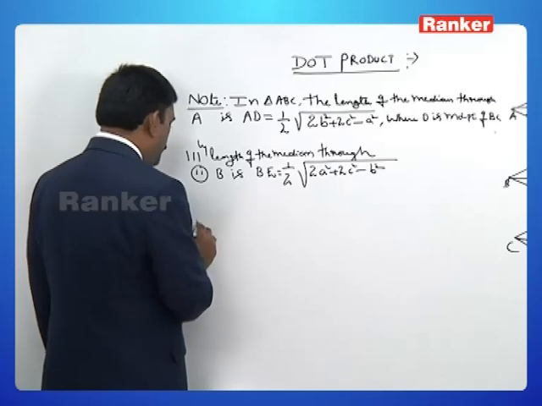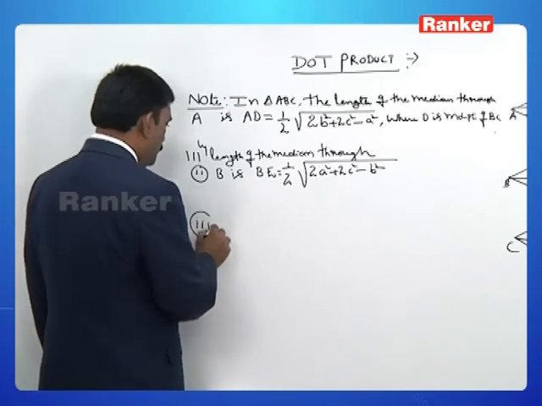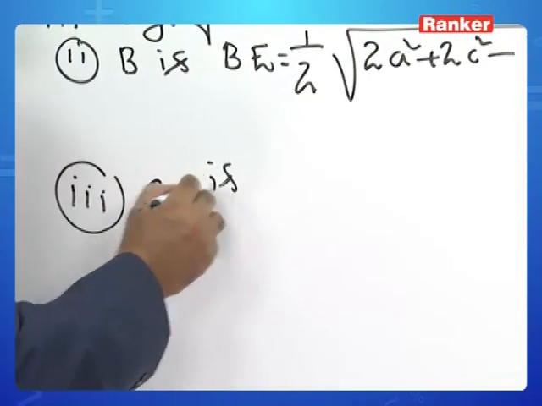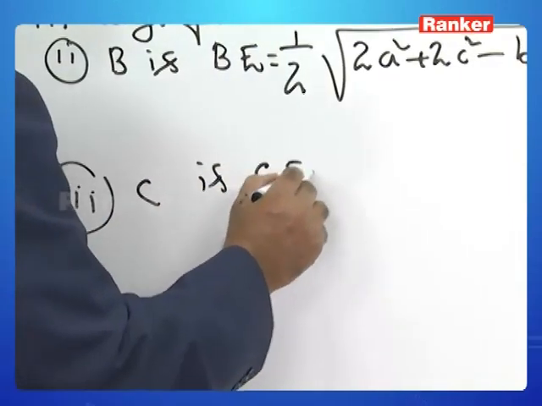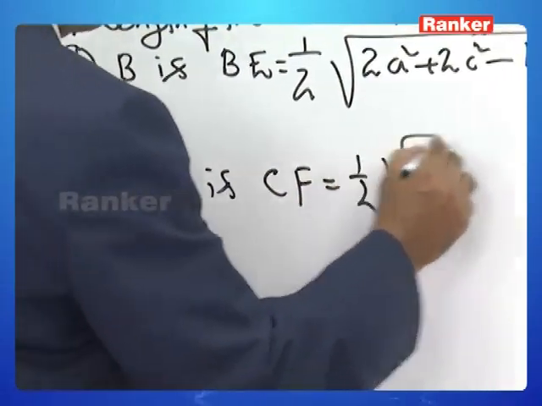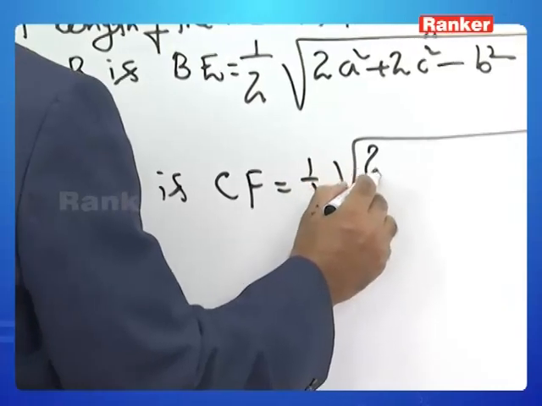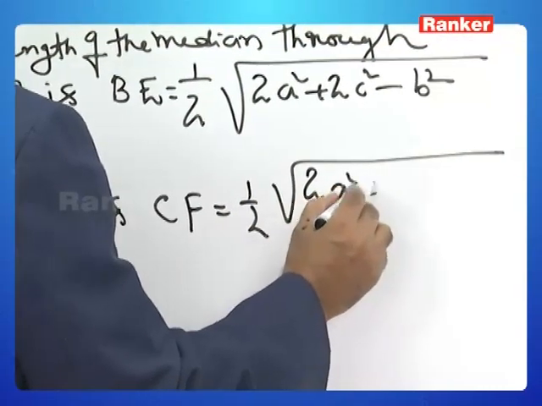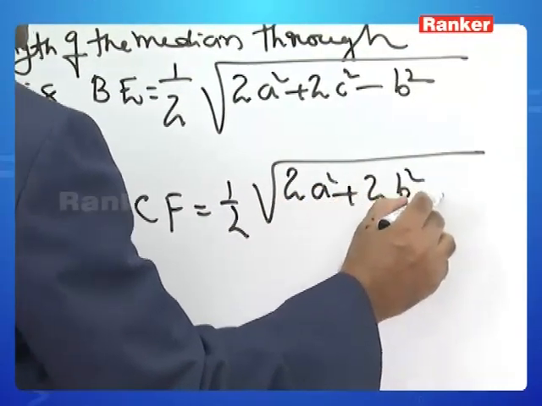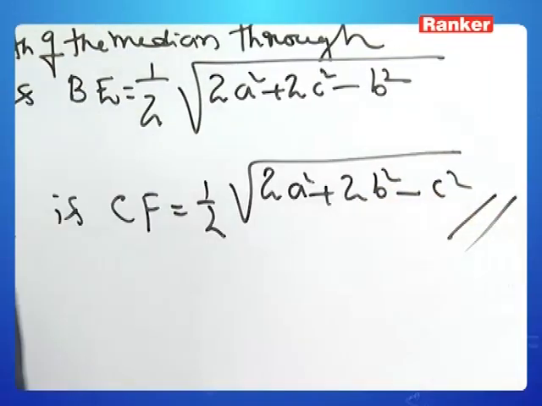Then the third one, through C, is CF equal to half into square root of 2a square plus 2b square minus c square.